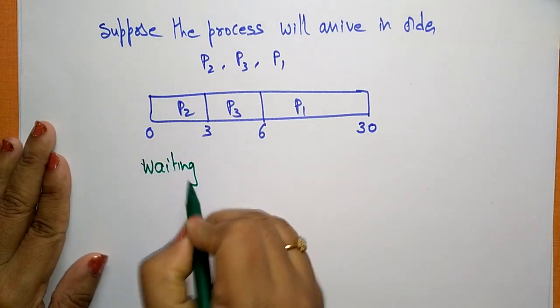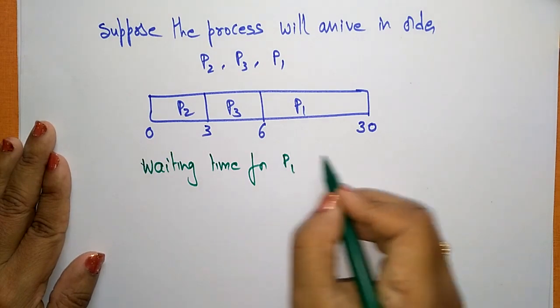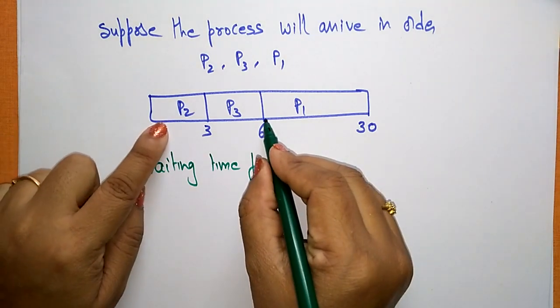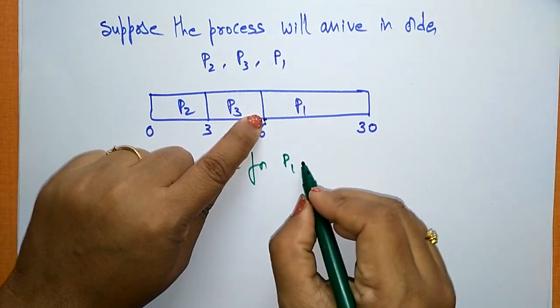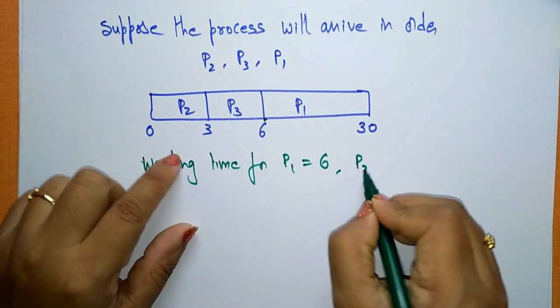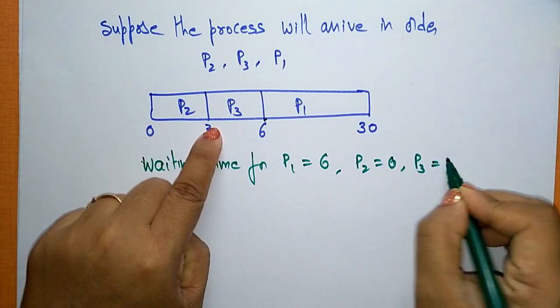Waiting time for P1 is 6, 0 to 6. Up to 6 it has to wait in the queue, and P2 is 0 and P3 is 3.